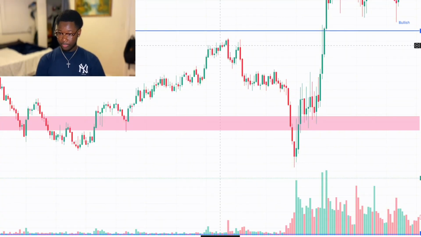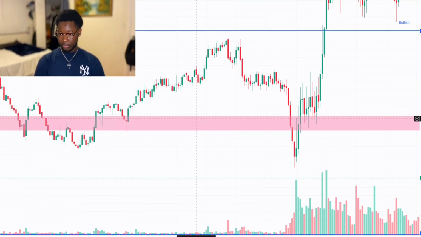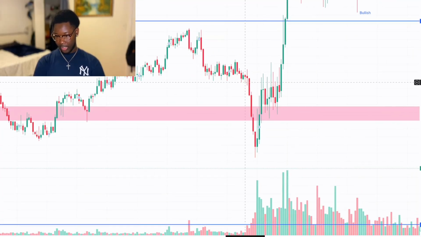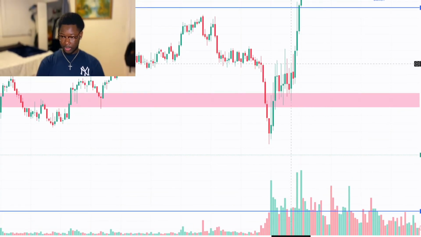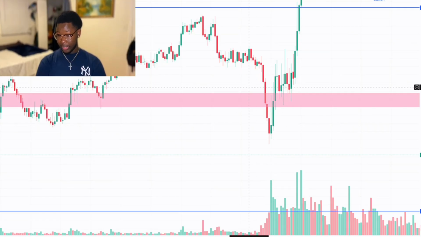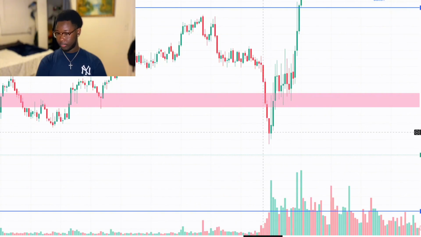So I'm waiting to see this high get taken, and then come back down to this 1 hour and respect it, and then I would take an inversion for higher. So that's what I'm waiting on. As you can see, came down here at open 9:30, and at open we had a reversal, right?